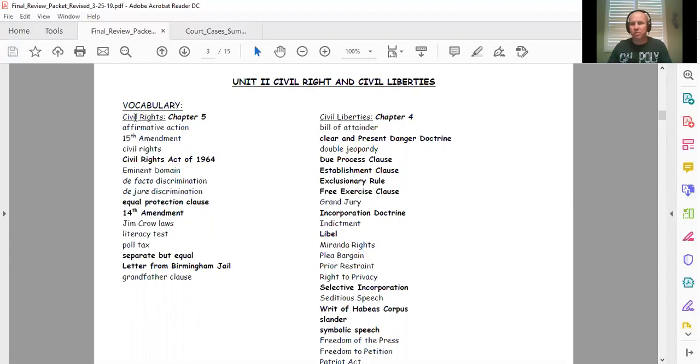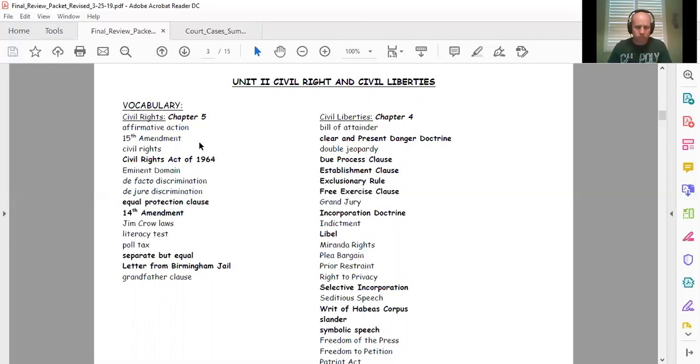Civil rights are your protections against other individuals and private entities, right? So if a business says, I'm not going to hire you because of your gender or your race or your religion, that's a violation of your civil rights because that's one private entity to another, versus civil liberties, which are your protections against the government doing things, like freedom of religion, freedom of the press, freedom to assemble, the right to own a gun. Those are your civil liberties, okay?